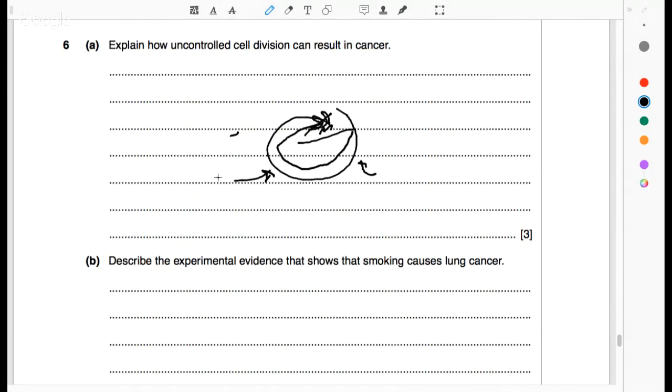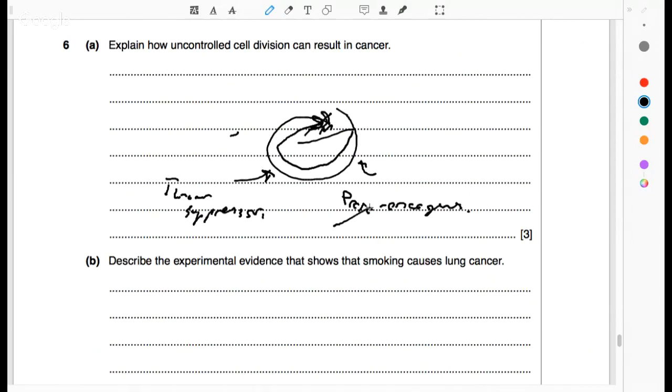Those genes are your proto-oncogenes. And you have genes that at the checkpoint will say we need to stop because something's wrong. Those are your tumor suppressor genes. So both of us have both, and they're active in all our cells at varying points just to make sure that everything in the cell cycle is going okay.